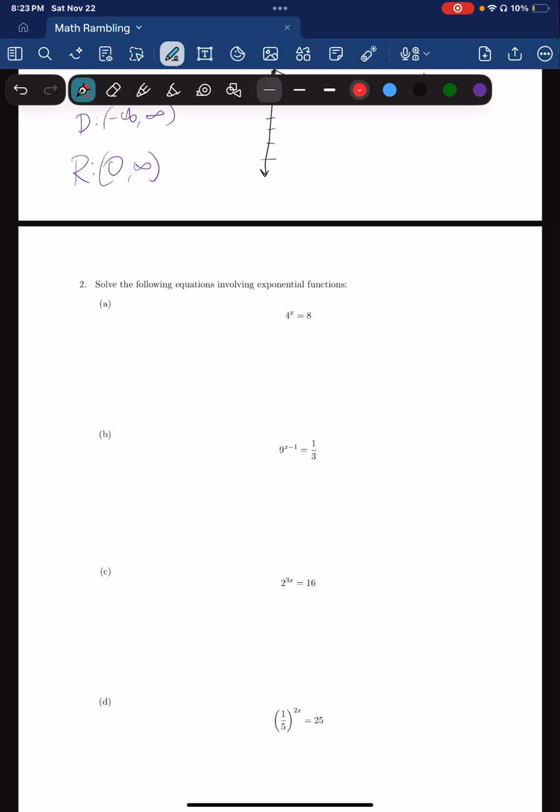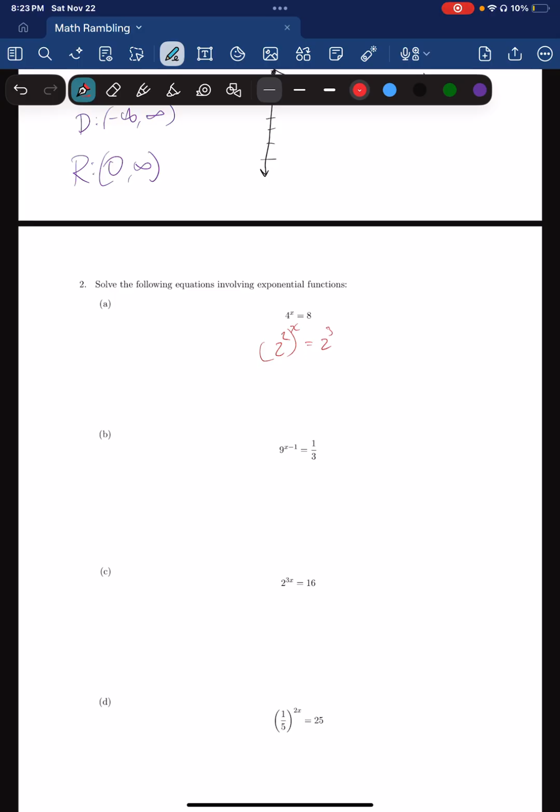What does that mean? That means I can write them both as 2 to the something. So 2 to the what equals 4? That's 2 squared. So I just rewrote 4 as 2 squared. And then 8 is 2 cubed.